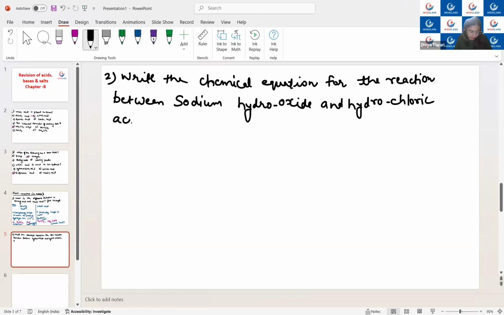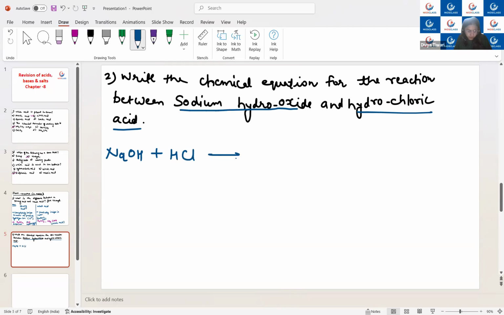Hydrochloric acid. So what we have to write down? We have to write down the chemical reaction for sodium hydroxide and hydrochloric acid. So what is sodium hydroxide? NaOH. Okay. Now reacting with HCl. So if the two are going to be reacting, then the reaction will take place like this.